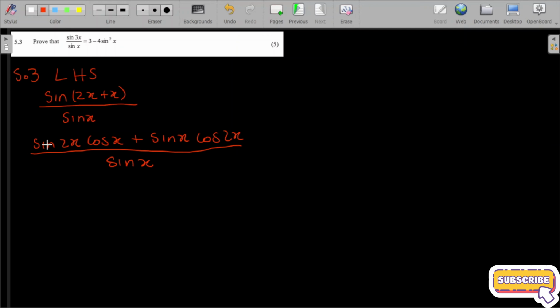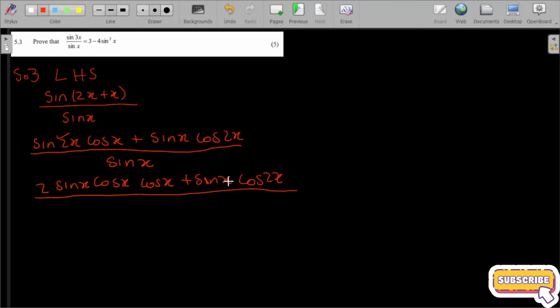sine x. Now I'm going to change this double angle of sine into 2 sine x cos x, and this cos x that was already there, cos x plus sine x cos 2x all over sine x. If you can see, I didn't touch this double angle. Now from here you can see that we have sine x on this side and sine x on this side, this is a common factor.